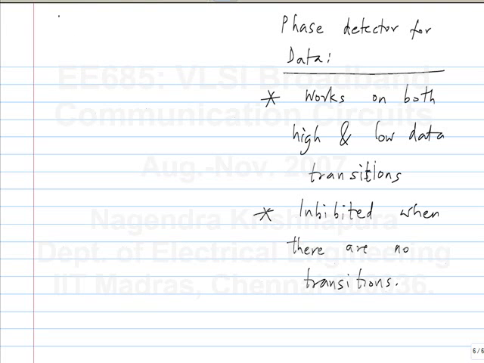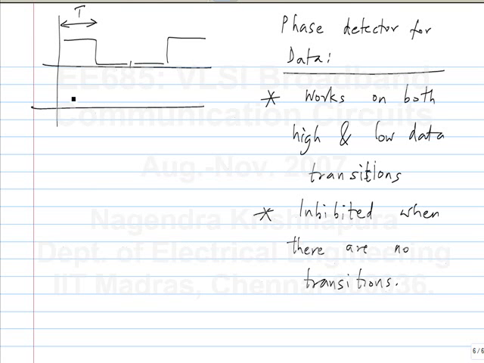So, by the way, let's say the data period is this much, okay? This is the period of the data. Then the clock will be like this, okay? So, in each period it has a rising and a falling transition. And for now, let's assume 50% duty cycle for convenience, okay?